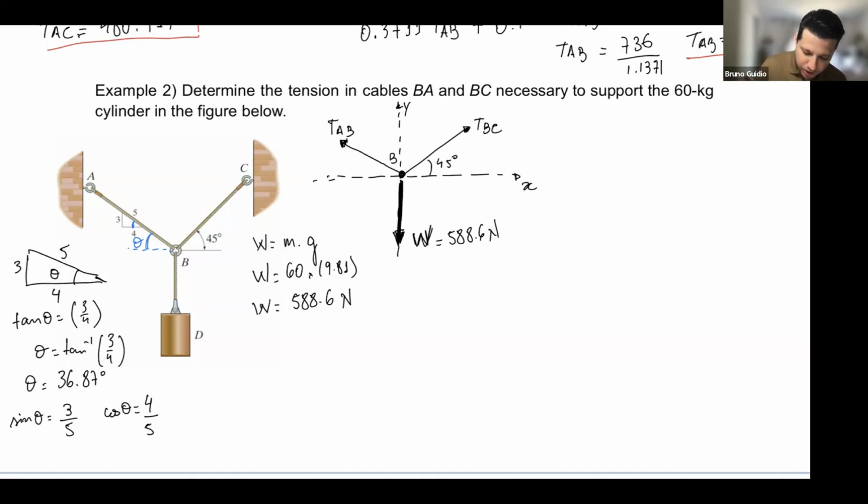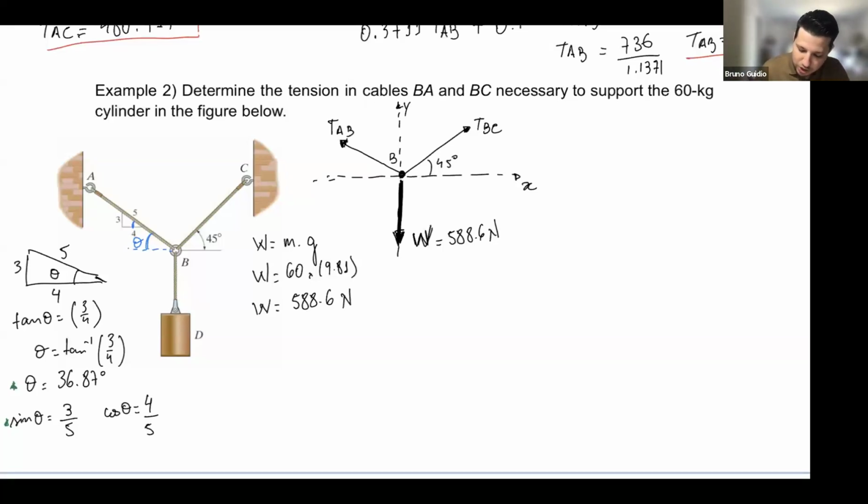So we have two options: we're going to use the angle, or we're going to use the sine and cosine. It doesn't matter. I'm showing you two ways to solve it. Bruno, and where should I use it?